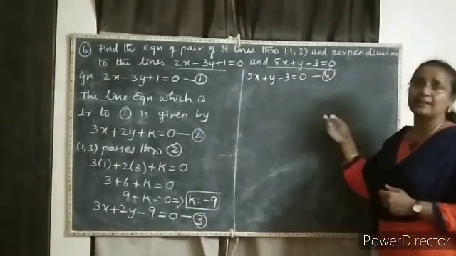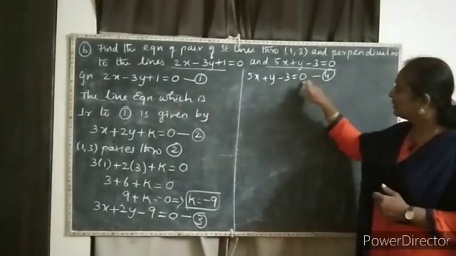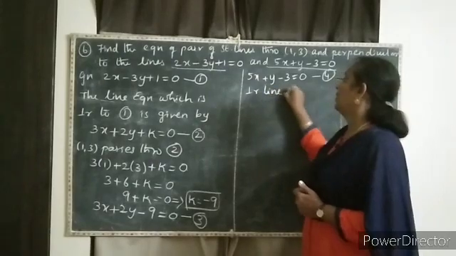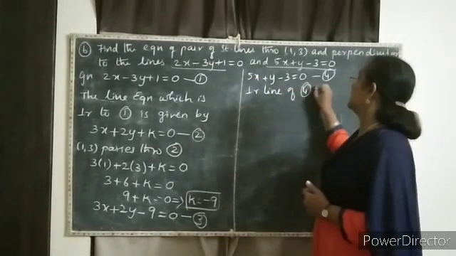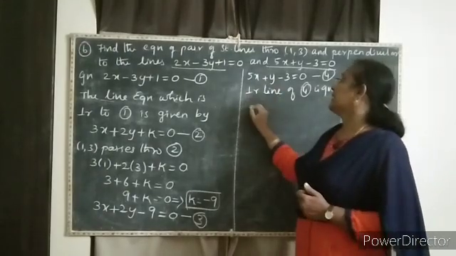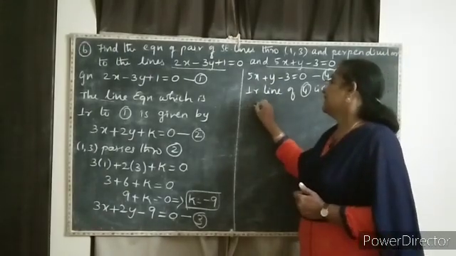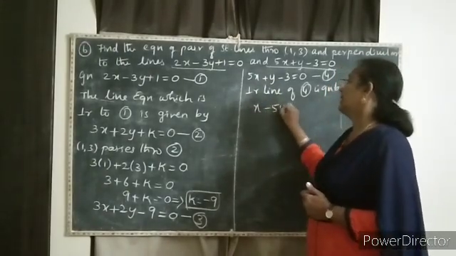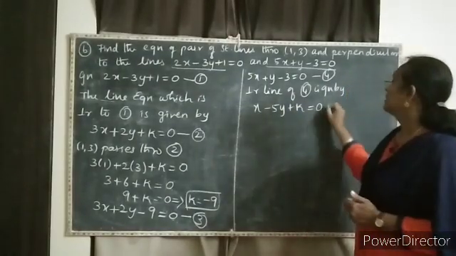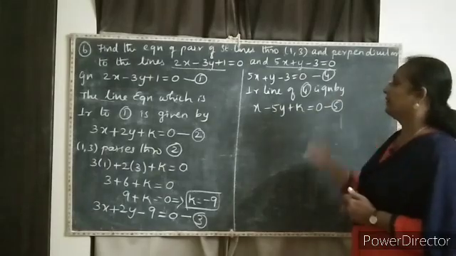Now I am going to find the perpendicular line equation for this fourth equation. So perpendicular line of fourth equation is given by, what will be the equation? It will become x minus 5y plus k is equal to 0. So let us take this as the fifth equation.